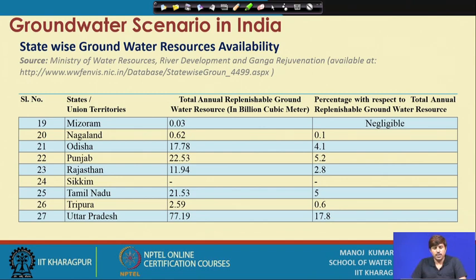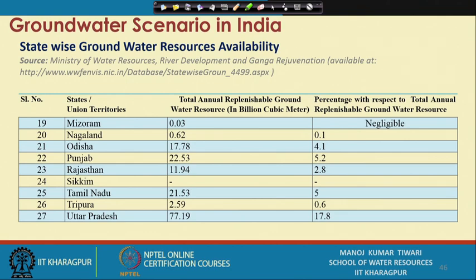If you look at the size of the area, it is probably the largest state now after the partition of UP and MP. Still, being the largest state, the amount of replenishable groundwater available is very low compared to several other states.